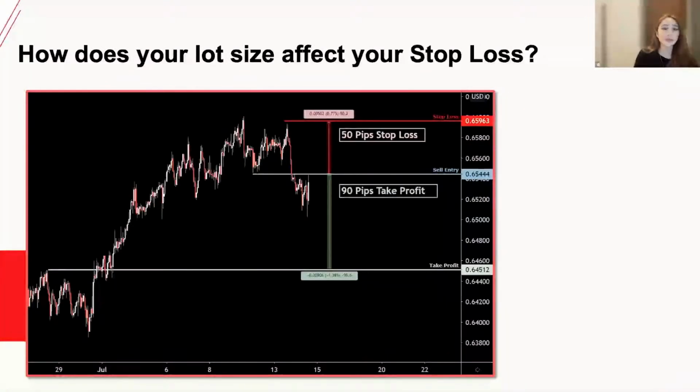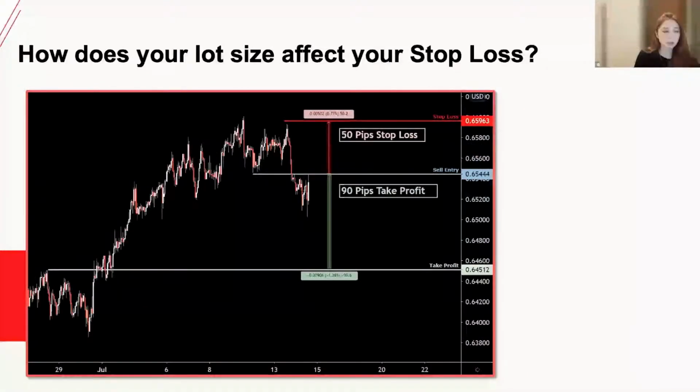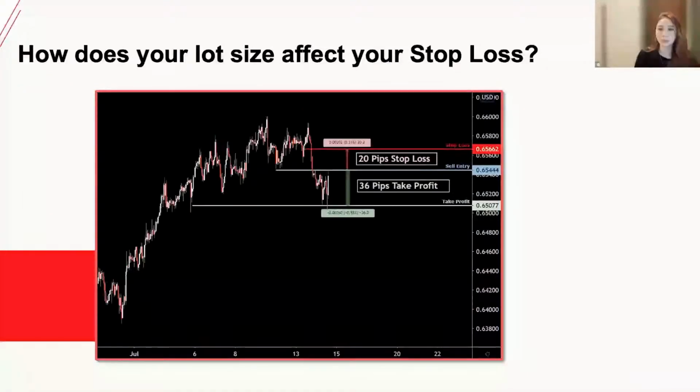However, they are the same, if your lot size is the same. It's because the risk to reward ratio is the same, right? So if your lot size is according to pips, then this will be safer. However, if you are comparing risk to reward ratio in terms of percentage, they are the same.